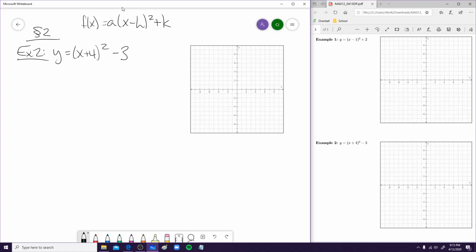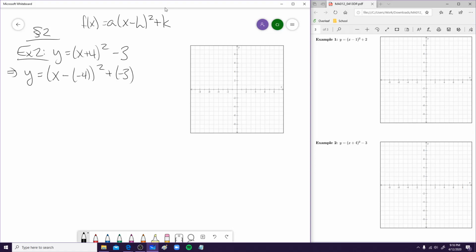Let's rewrite this to look like this. So this is exactly the same as saying y is equal to x minus negative 4, quantity squared, plus negative 3. When I solve this, so minus minus, that becomes a plus, and then plus a minus, that is minus. Okay, so these two are equivalent.